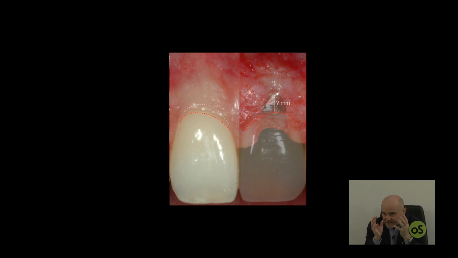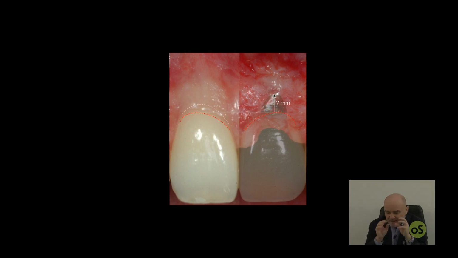So this means that from the ideal or truly realized position of the soft tissue margin of the implant-supported crown up to where the buccal bone covers the implant, there is always a space of about 3.5 millimeters.